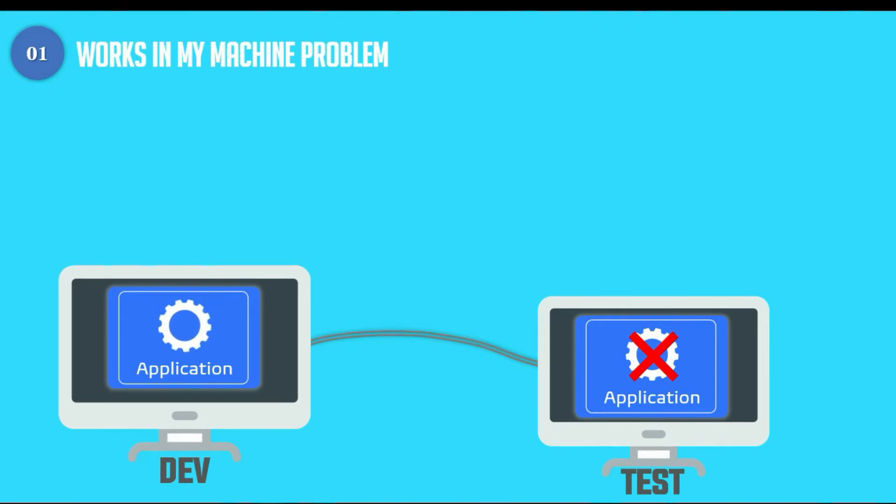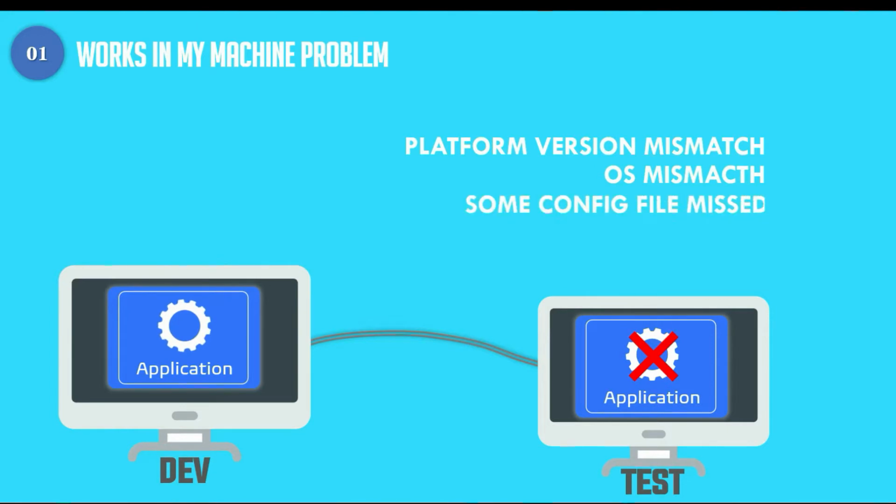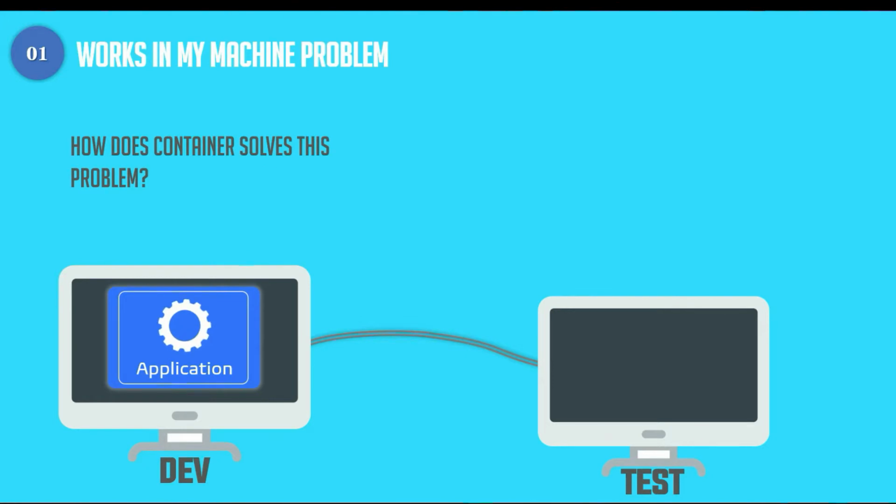The reason why it does not work could be the platform version does not match. Say the developer has developed the application in .NET 3.0 and the testing machine has 4.0, and because of that you get some weird error. This could be even an operating system mismatch or some config file update missed, or there could be n number of other reasons.